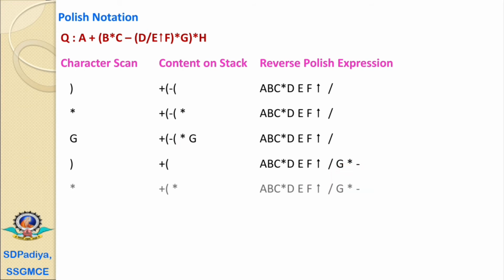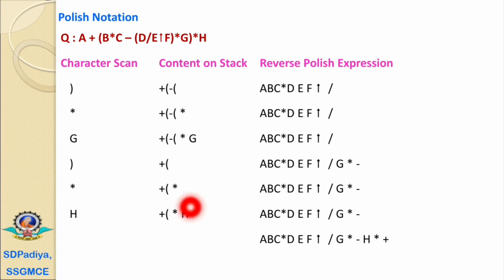The next is the multiplication symbol, that is an operator, that's why we have pushed it on the stack. Next and the last is capital H, it is an operand, that's why we have pushed it on the stack. Now after that there is no element to scan, that's why we have shifted all these contents from the stack to the expression, that is capital H, multiplication symbol and the last is plus symbol.